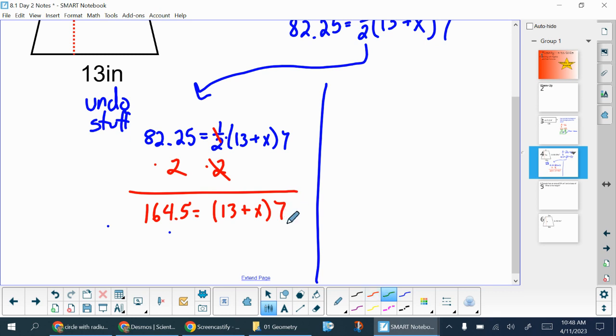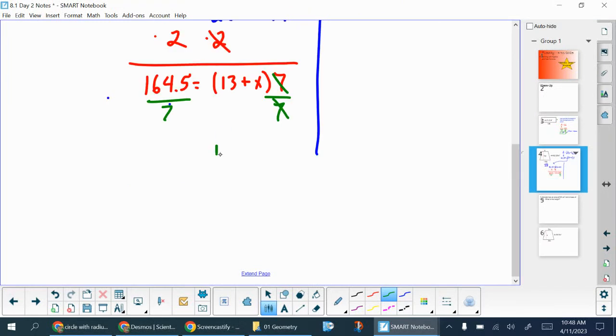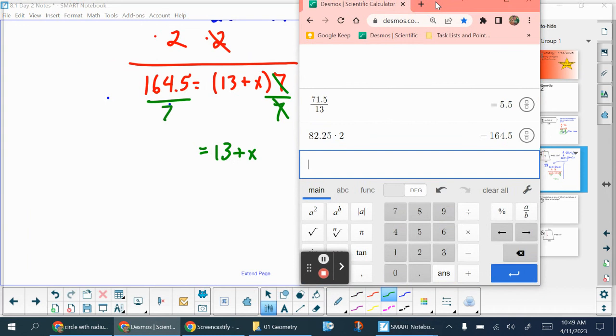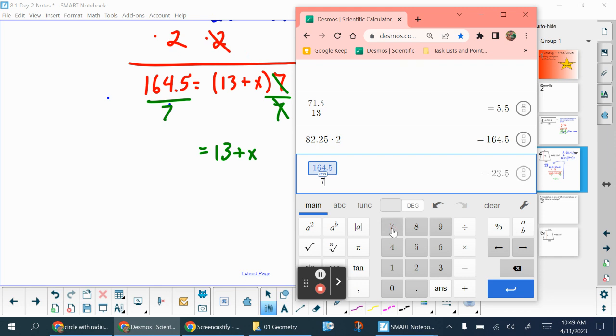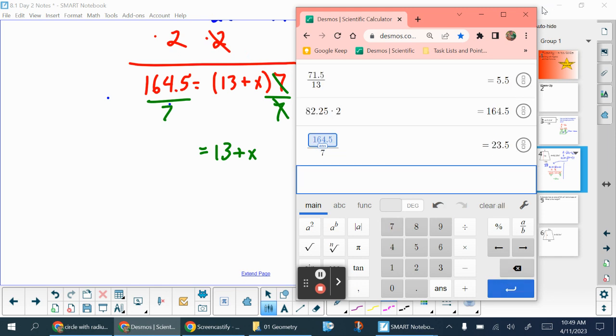Well, that 7 is being multiplied. So I'm going to divide by 7 on both sides. It'll cancel out there, leaving me with just 13 plus x on this side. Again, I'm not doing that in my head, so I'll pull up a calculator. This is where a good calculator can help you. Rather than typing that all in again, I just want to take that answer divided by 7, and it is 23.5.